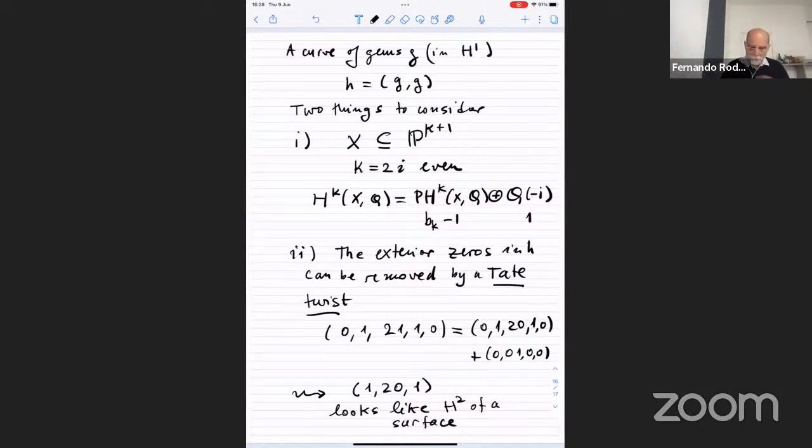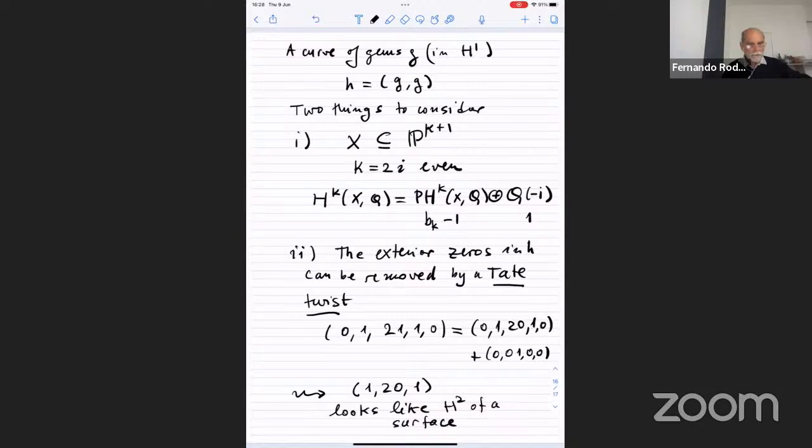What this is saying is that if you look at the H4 of a cubic fourfold, you could hope to find a surface that has the same motive in H4 of the fourfold, but that comes from a surface that has been promoted by the Tate twist to live in the fourfold. And this is the kind of thing that happens all the time.